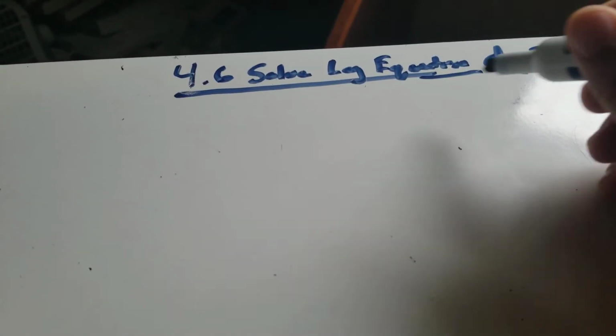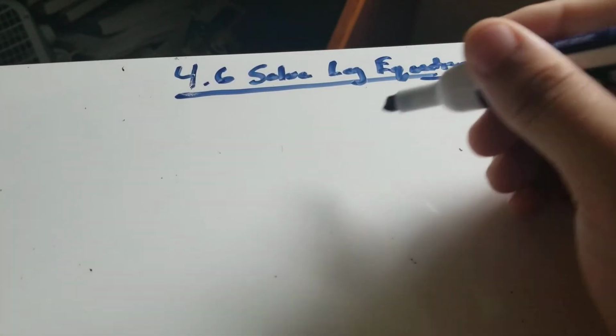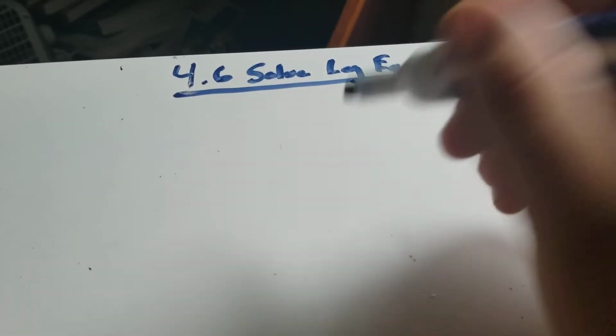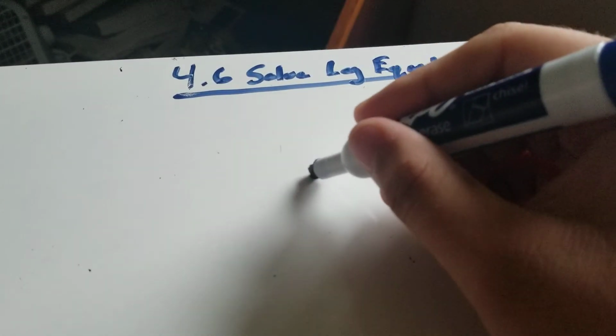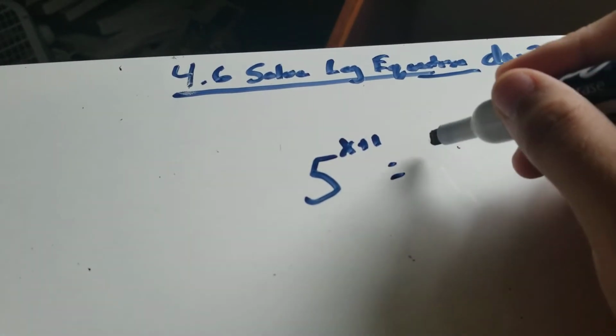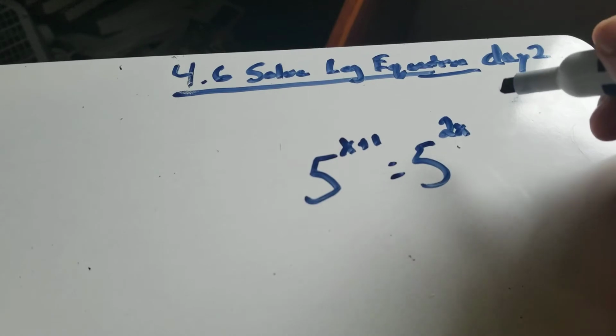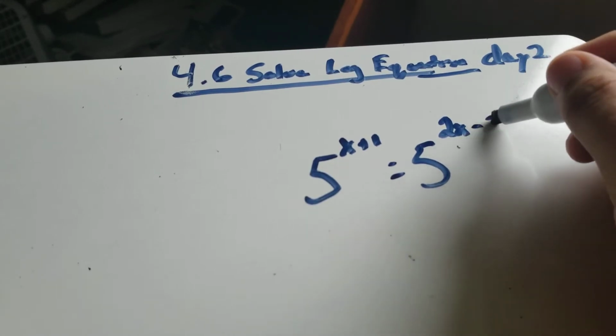Now, yesterday's lesson, we had the logs be exactly the same. Now, let's have a practice where the bases are exactly the same as an exponent. So that's 5^(x+1) = 5^(2x-3), let's say.